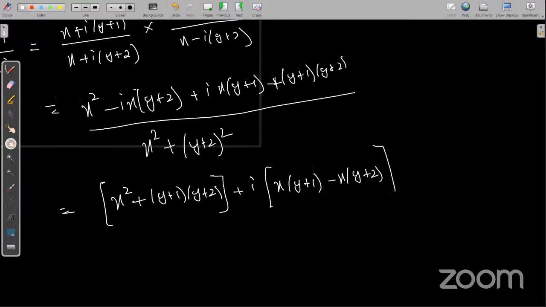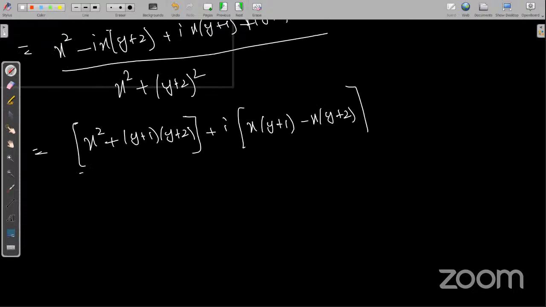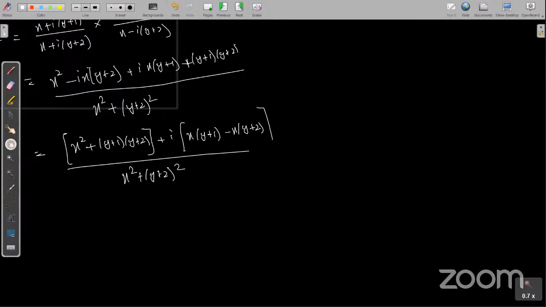So we got this very easily, divided by x square plus (y plus 2) whole square. It is purely real, guys. This one is real. Therefore, the imaginary part is 0.